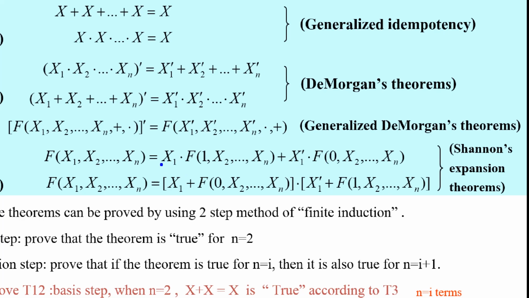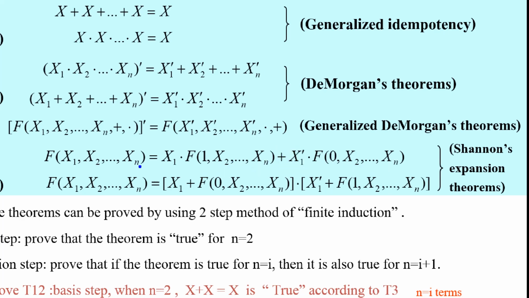For example, you can do the expansion about x1. You write x1 and the function where x1 is 1, plus x1 prime and the function where x1 is 0, and then you add these two terms together.